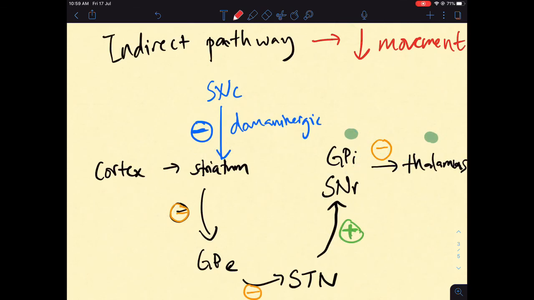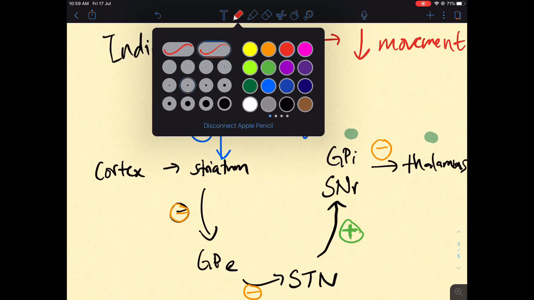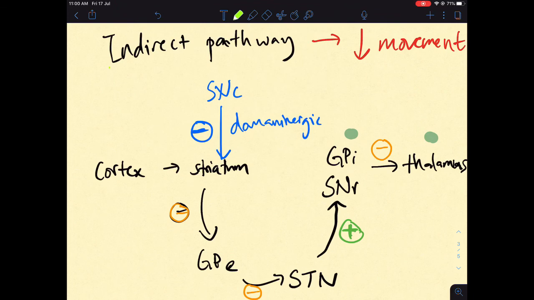Let's now talk about Huntington's disease. What happens in Huntington's disease is kind of simpler in a sense because it only affects the indirect pathway. So what happens is the neurons in the striatum, they die. So the neurons in caudate nucleus and the putamen. And this results in overall decrease in indirect pathway.